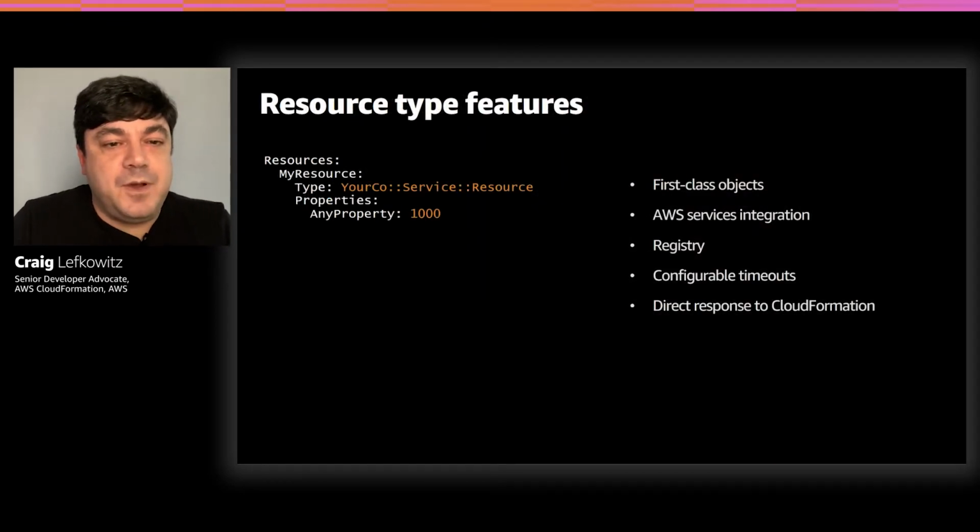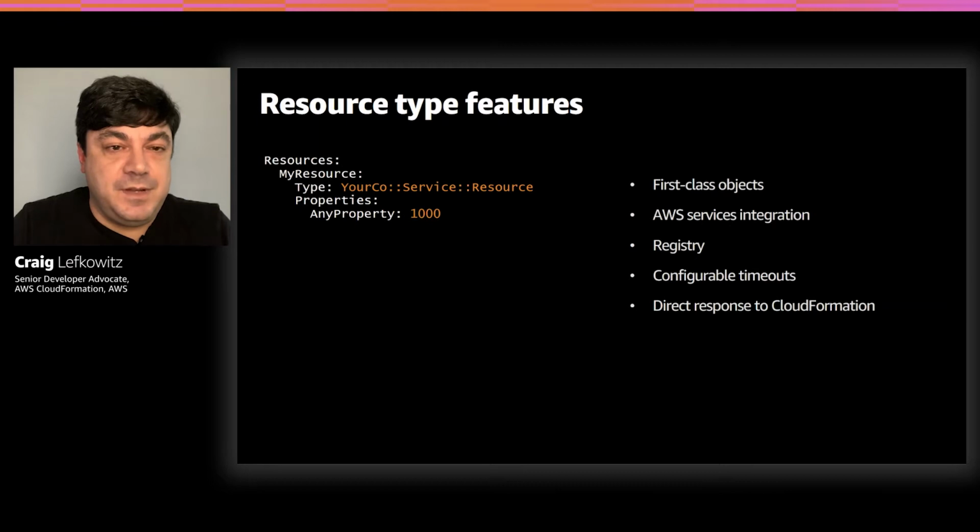So resource types are CloudFormation resources that can be authored by anyone and then used in CloudFormation templates. Just like the service teams here at AWS author an EC2 instance resource or an S3 bucket resource, you can do the same thing. Resource types that you author are first-class objects, which means that to the CloudFormation engine, a resource type that you author and a native AWS resource are almost indistinguishable.